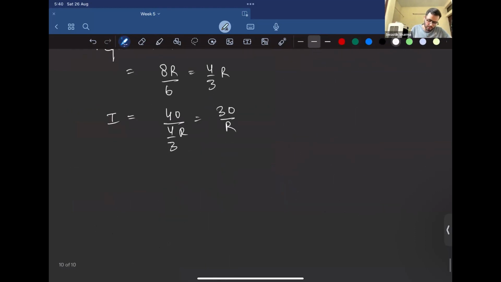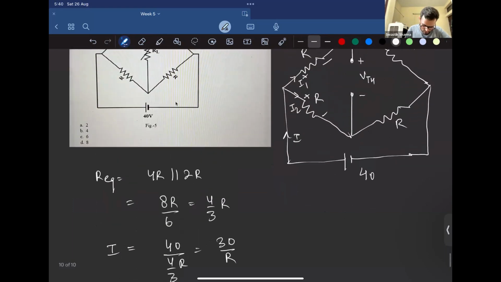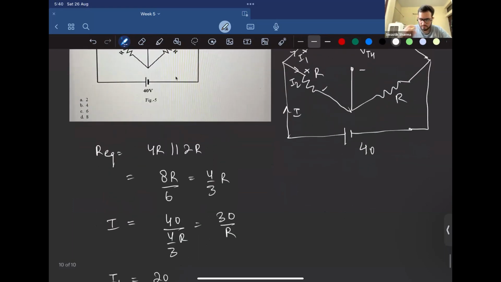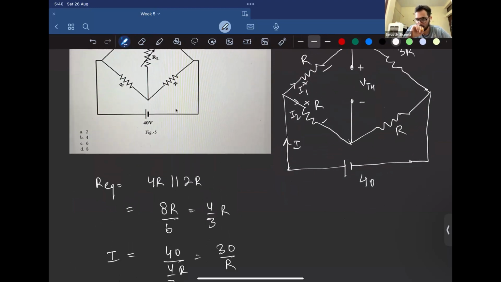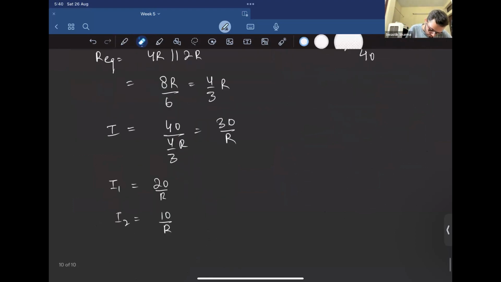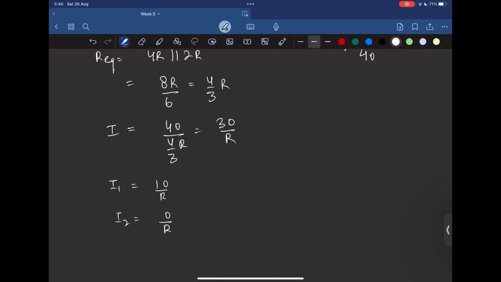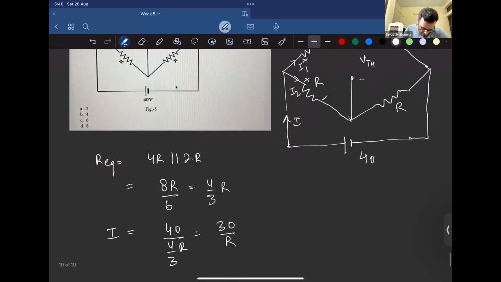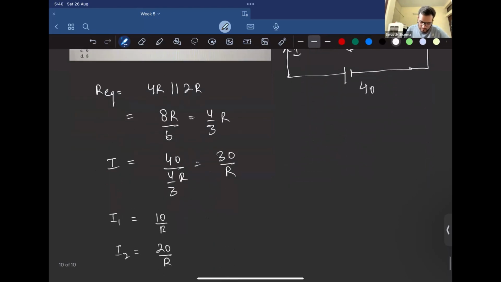I1 would be 20 by R and I2 would be 10 by R. I hope this is correct. No, I1 would be 10 by R and I2 would be 20 by R. Sir, you reversed it. Yeah, sorry. I didn't solve it, I just simply took the ratio. So I1 is 10 by R and I2 is 20 by R, right?